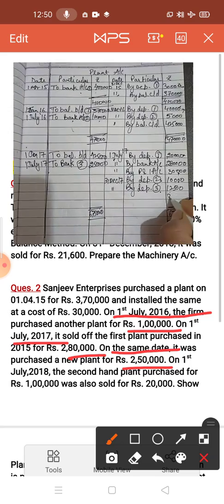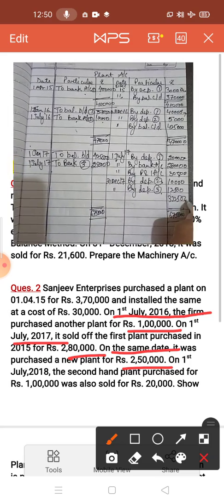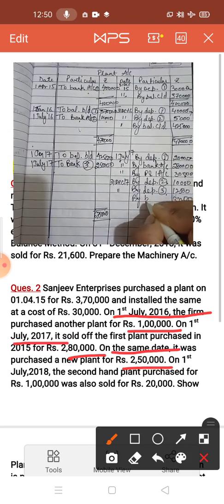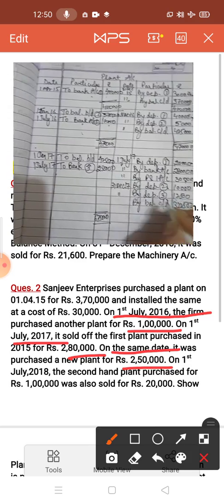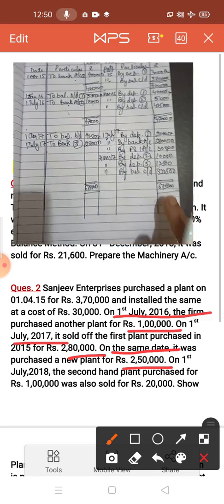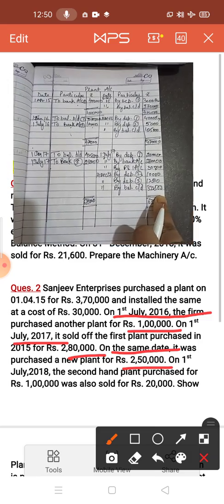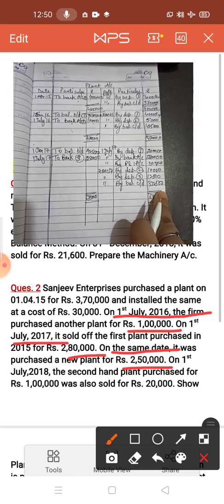So it is 3,22,500. So this is the balance CD of all the 2 plants which are remaining.